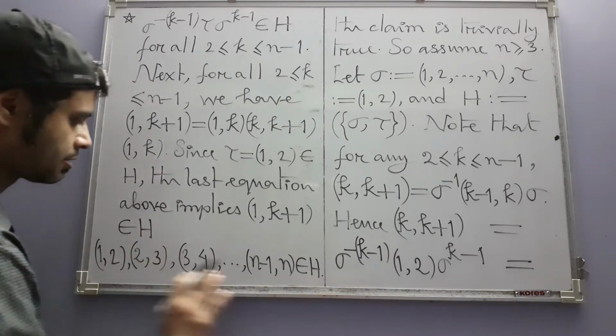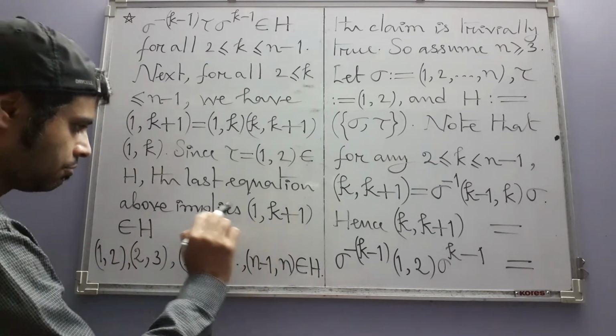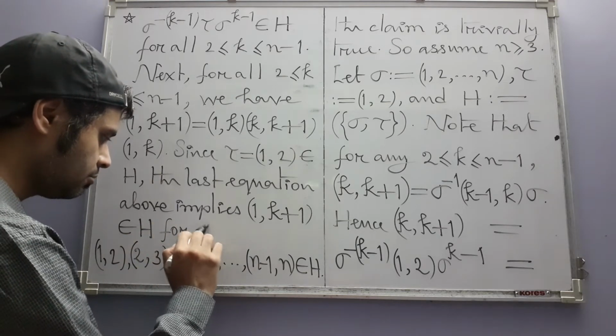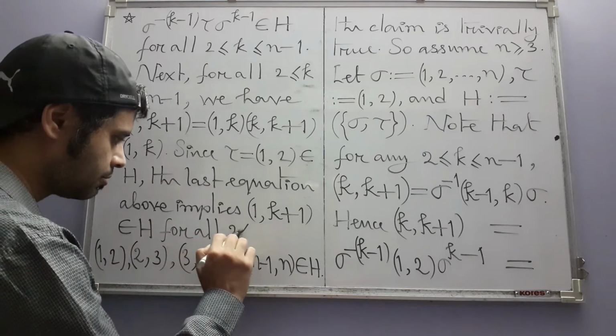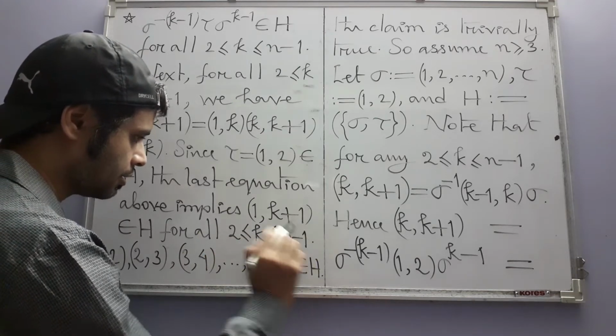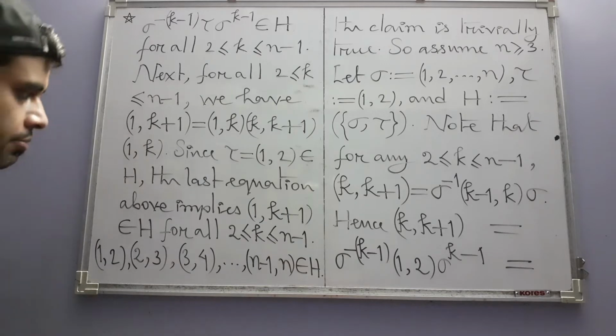Okay, let me just keep it for now. (1, k+1) also belongs to H for all k satisfying these inequalities. But how? Let's see.